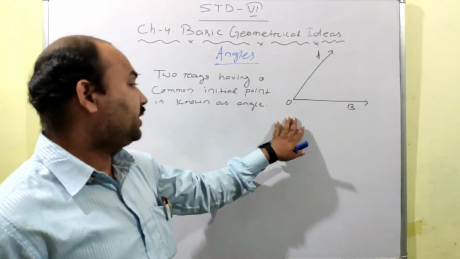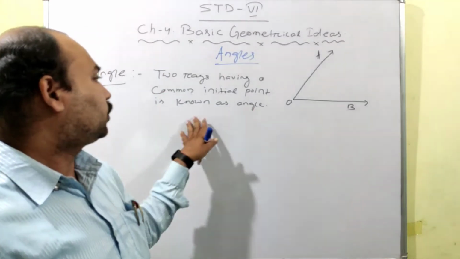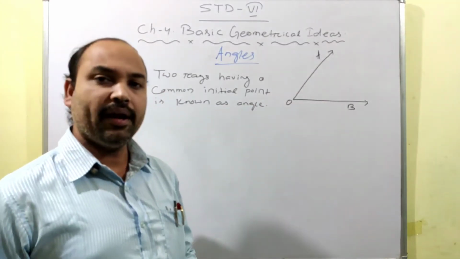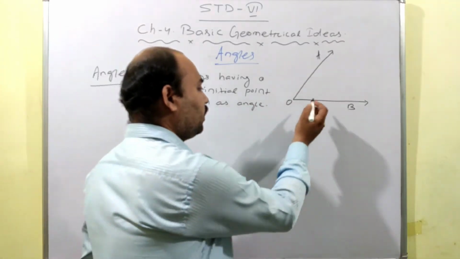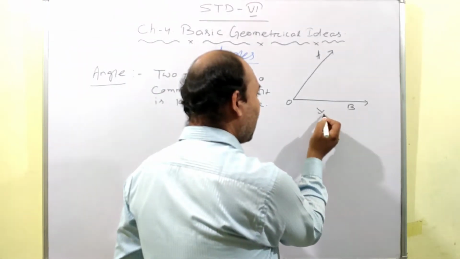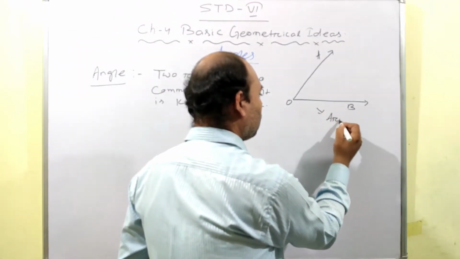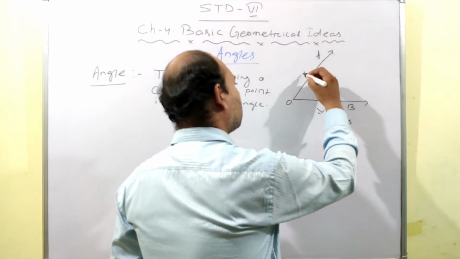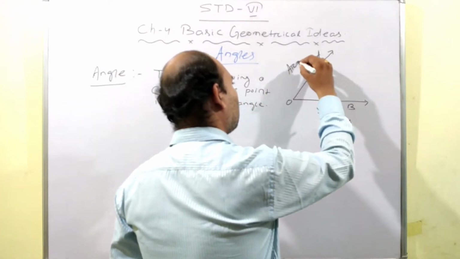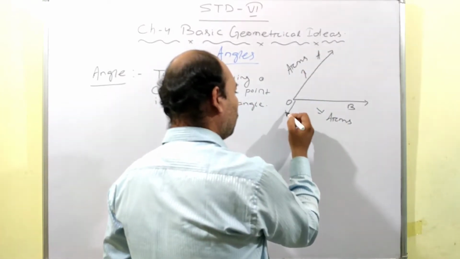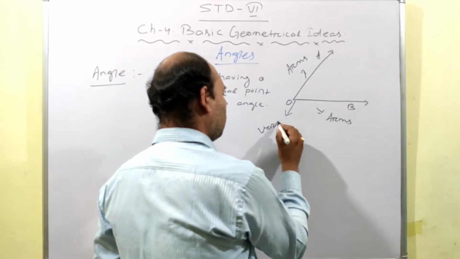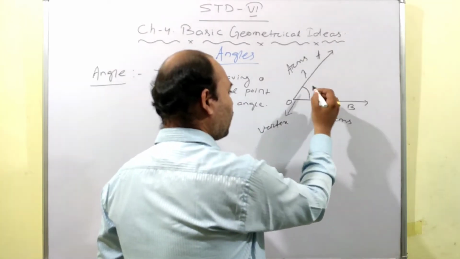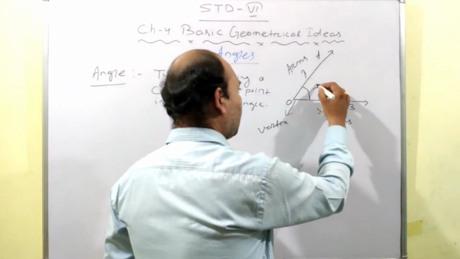See here, the two rays are OA and OB. Here a ray is known as an arm. O is known as the vertex, and this one is known as your angle.